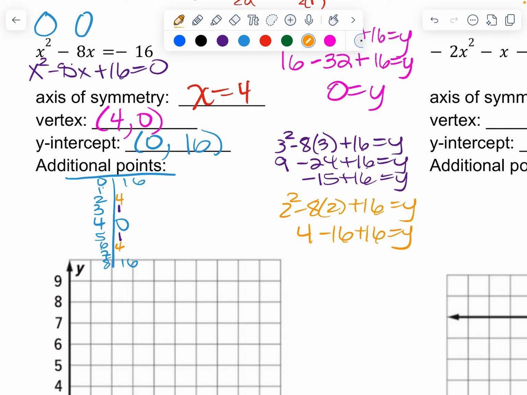And then I'm going to plug in 1. So 1 squared minus 8 times 1 plus 16 equals y. 1 minus 8 plus 16 equals y, so that's negative 7 plus 16. So that's 9.